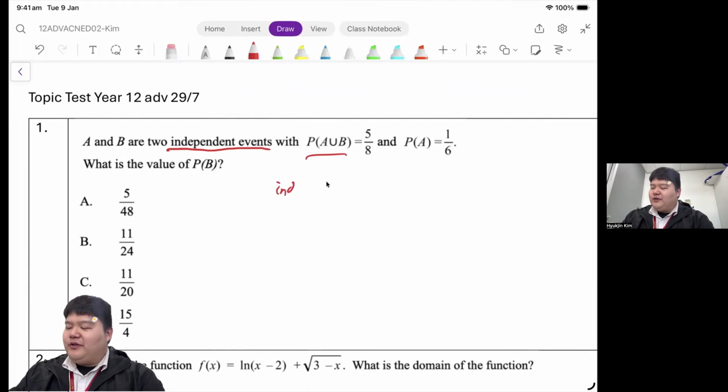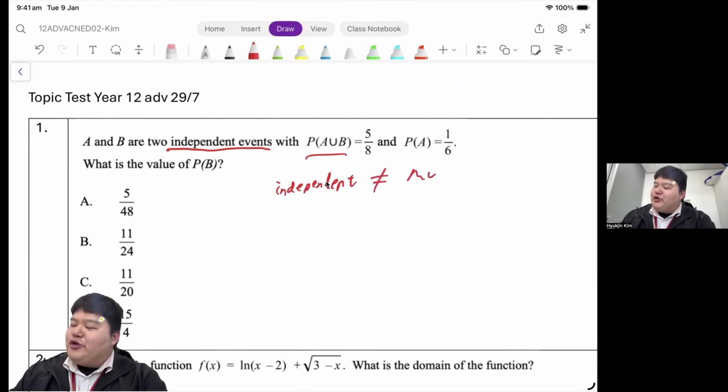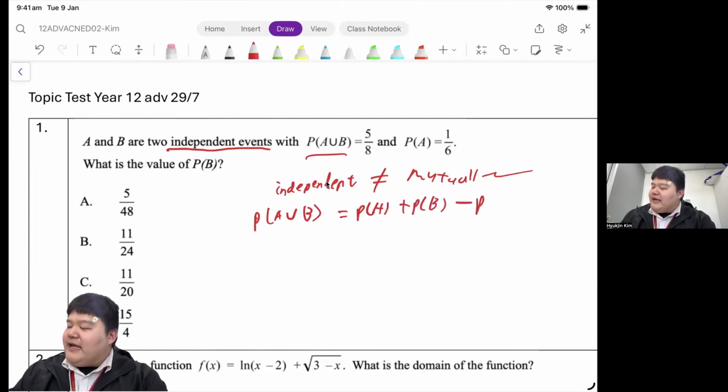Independent events, one of the key things that I got asked by the school captain, by the way: independent does not mean mutually exclusive. Probability of A or B will always be probability of A plus probability of B minus the intersection, because there exists an intersection.